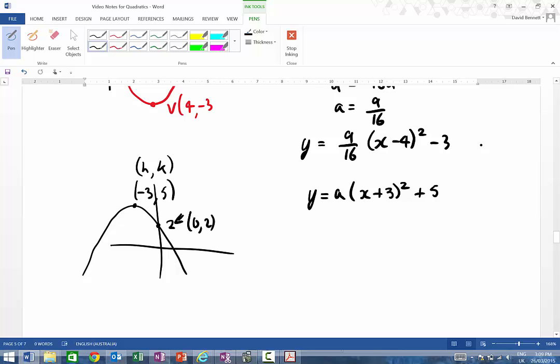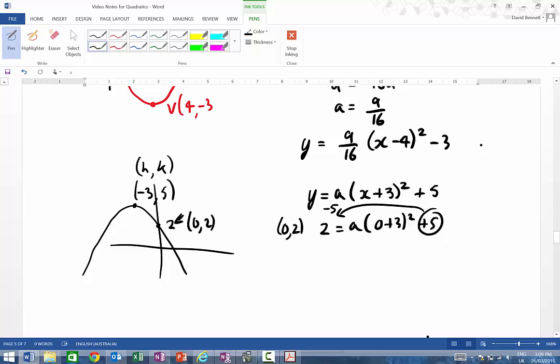Put that into the equation: y is equal to 2, and x is equal to 0 plus 3 squared plus 5. I'm going to bring that 5 across, and that will become minus 5.